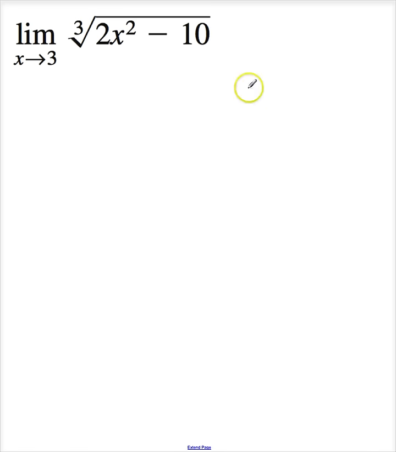Now, we can do this one the easy way or the hard way. It doesn't matter to me. The limit as x approaches 3 of the cube root of 2x squared minus 10. We're going to make this a cube root, so I'm going to slide my limit inside here.